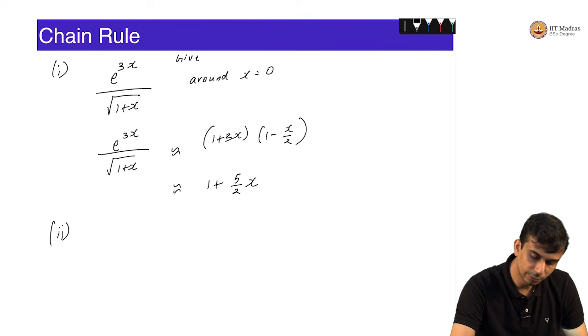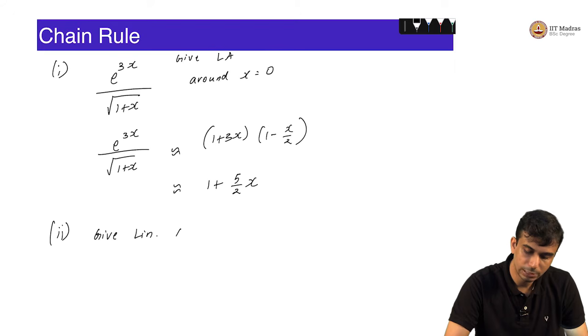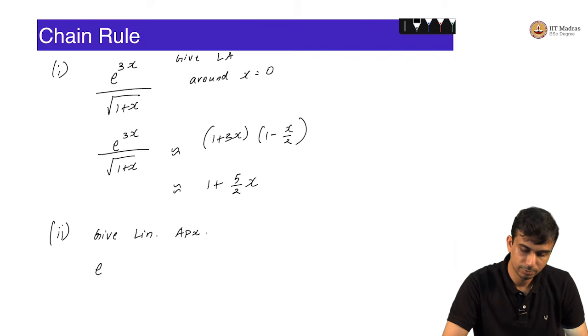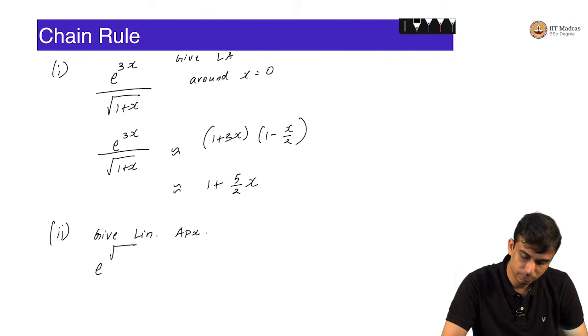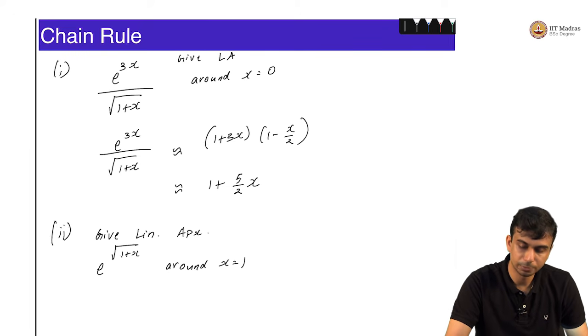So the question is, give the linear approximation of e power square root of 1 plus x around x is equal to 1.